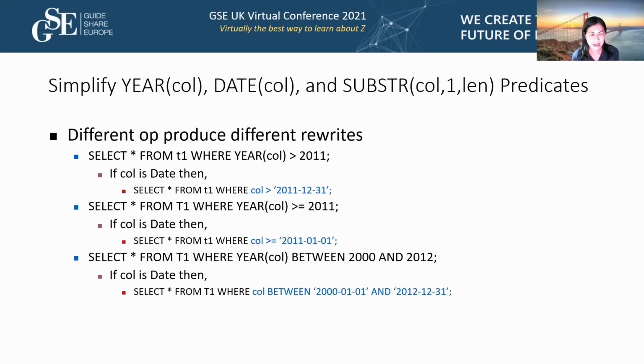In predicate simplification, different comparison operators produce different transformations. For example, if we have the year function compared with greater than 2011, and the column is date, then the constant 2011 will be rewritten as a date, and the date is the end of the year 2011.